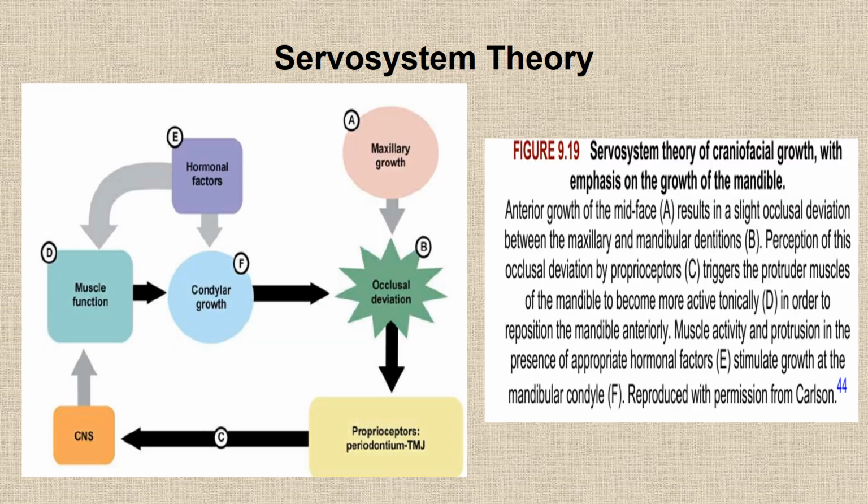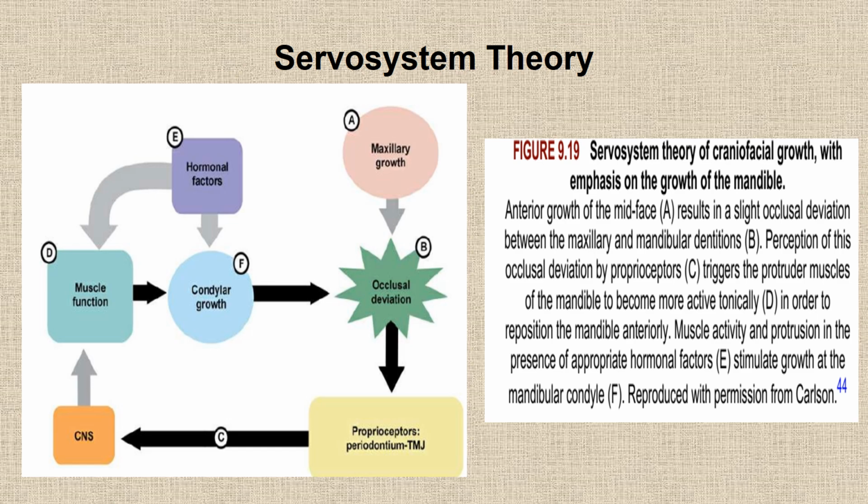An example of the servo system in action can be seen in the growth of the mandible. Now, let's start with maxillary growth. When the maxilla grows forwards and downwards, the teeth will undergo a transient occlusal deviation. Now, this transient occlusal deviation will stimulate the proprioceptors in the periodontium and the temporomandibular joint.